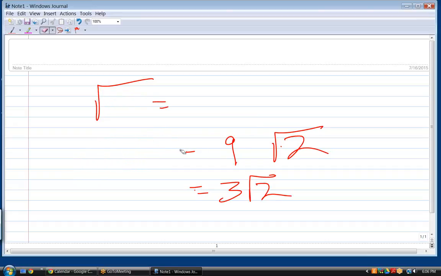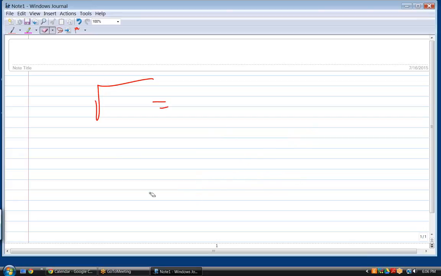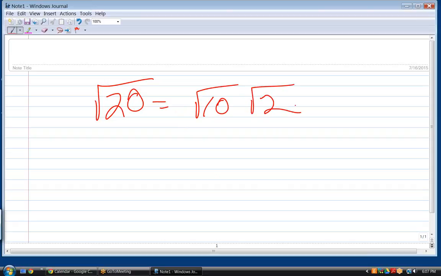Let's do another one, just because it's a good illustration of what you can and cannot do. How would I do square root of 20? What's that the product of? Factors of 20, one of which needs to be a perfect square. 10 and... Well, notice that those are factors of 20, but neither of those numbers is a perfect square.